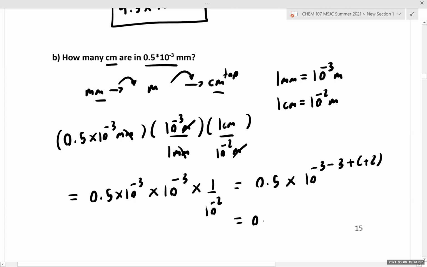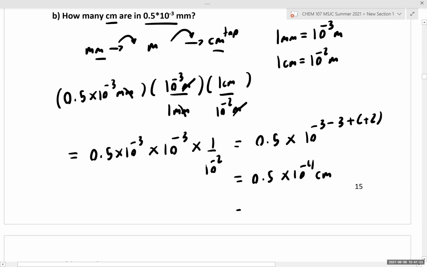So that gives us 0.5 times 10 to the negative 4th centimeter, which we can rewrite as 5 times 10 to the negative 5th centimeter. Does this example make sense to everyone?